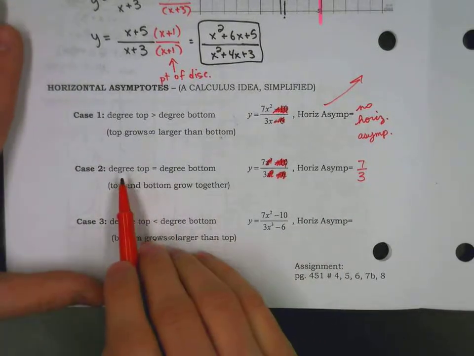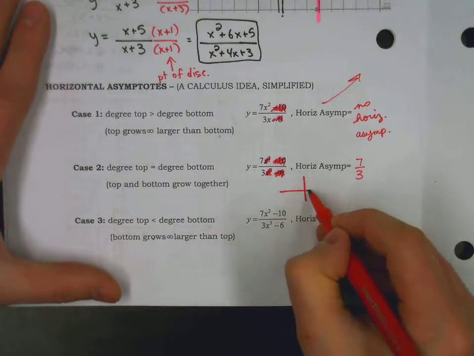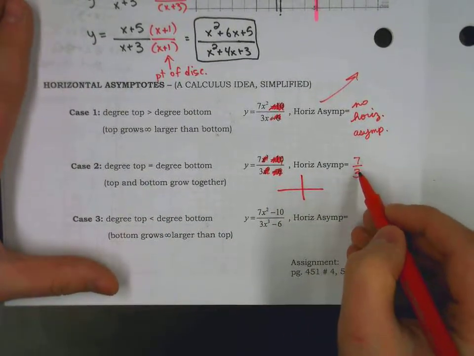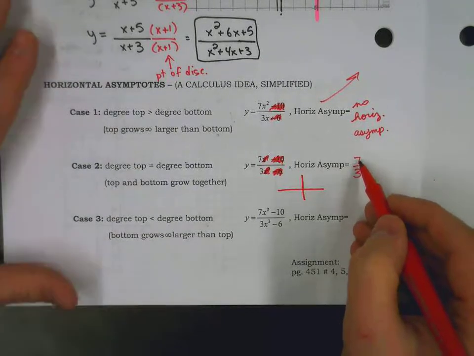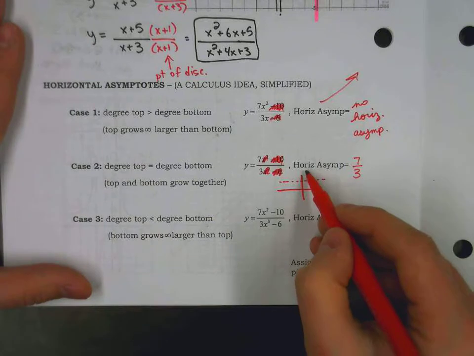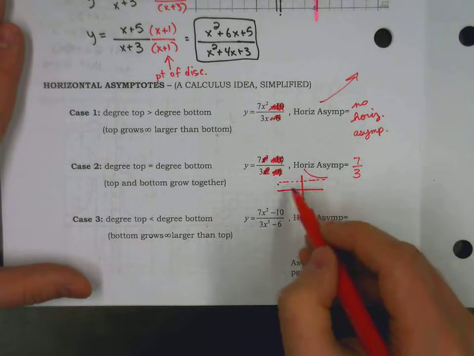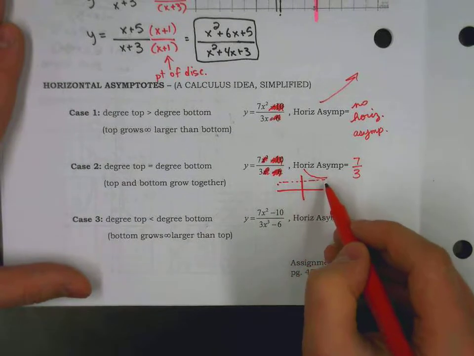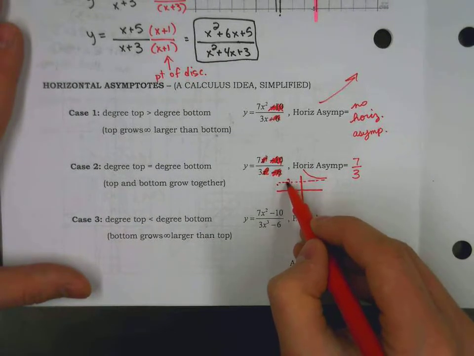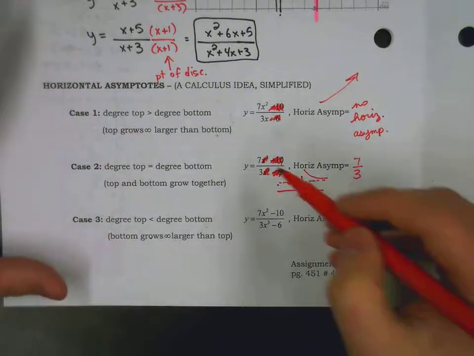So as long as the degree on the top matches the degree on the bottom, there will be a horizontal asymptote at 2.3 repeated, or 7 over 3. You would see this graph level off somewhere at 2.3 repeated. It's simply looking at 7 over 3.